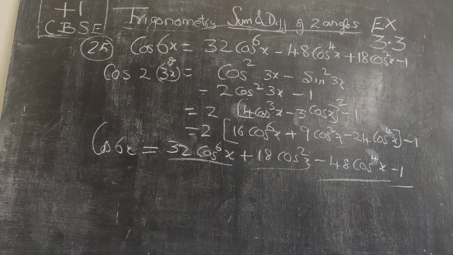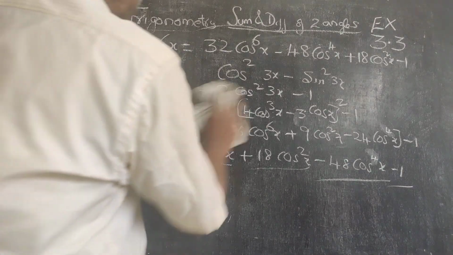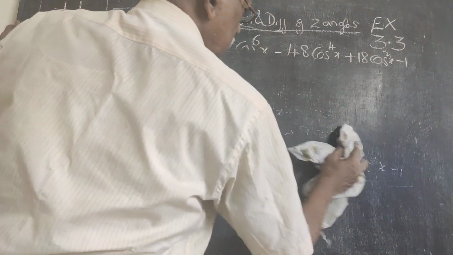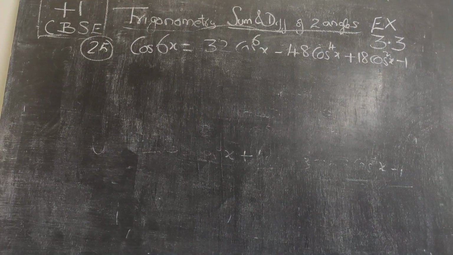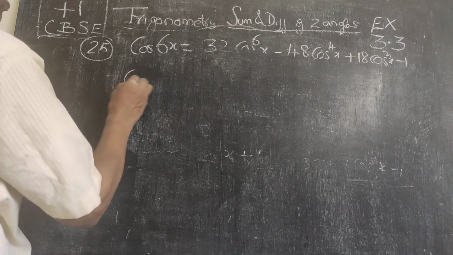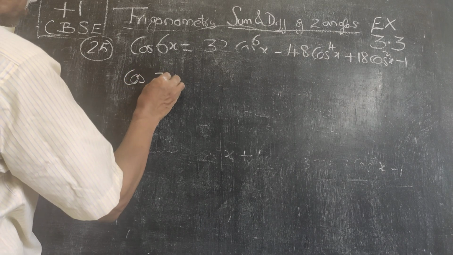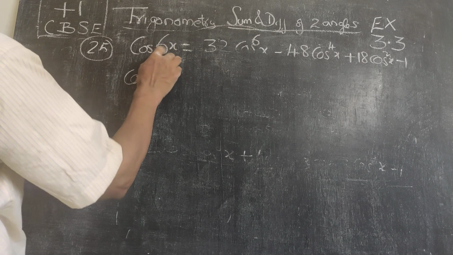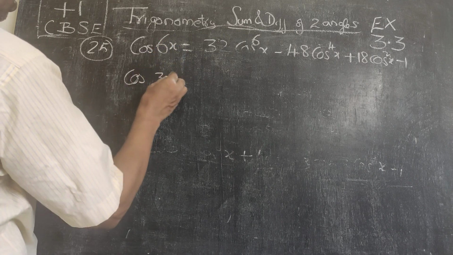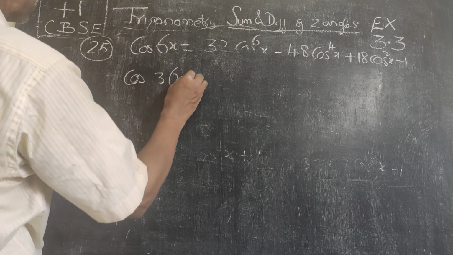This problem can be solved by another method also. I give the hint, you can do it. What you do is, you write 6x as cos of 3 into 2x. Instead of 2 times 3x, you take this as 3 times 2x.